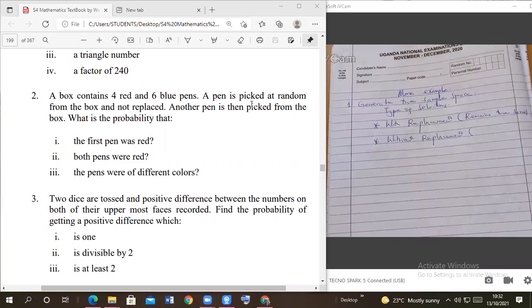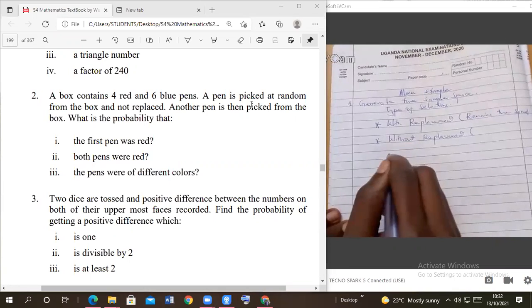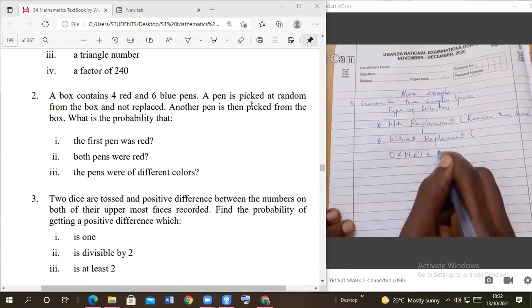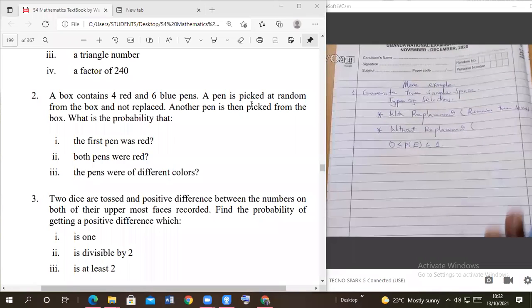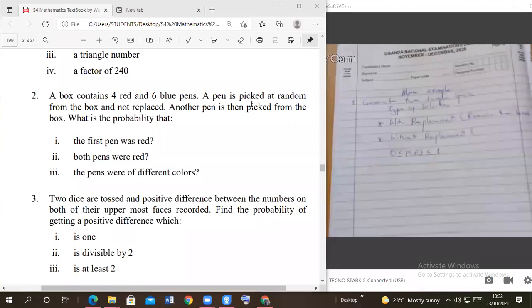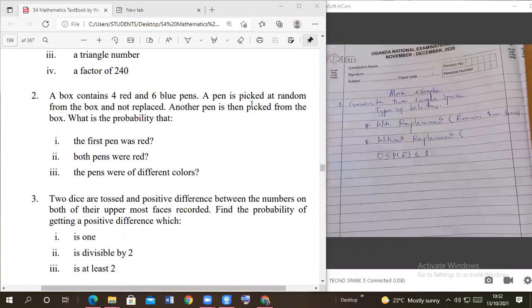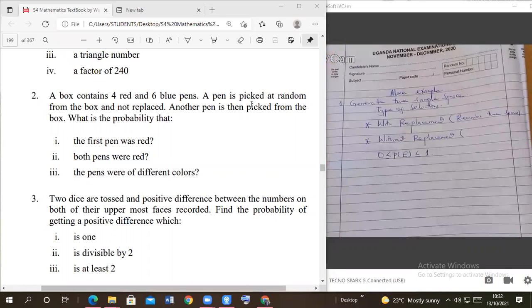The probability of any event must be less than or equal to 1. When you add the total probability of each branch, it must give you 1. If it's not giving you 1, then know you have made a mistake somewhere.